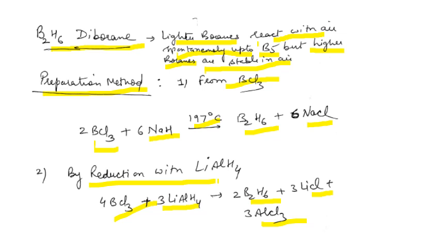Boron trichloride is a stable halide, and we can react it with any hydrogen-containing compound, such as sodium hydride, to get diborane, and using lithium aluminium hydride also we can get diborane. So these are the important preparation methods of diborane.